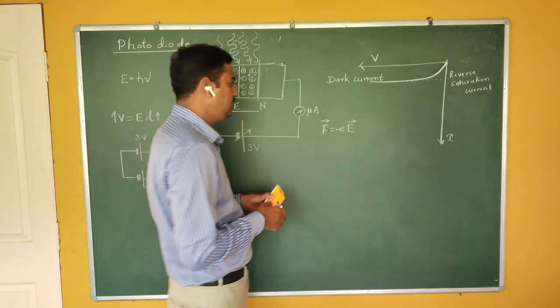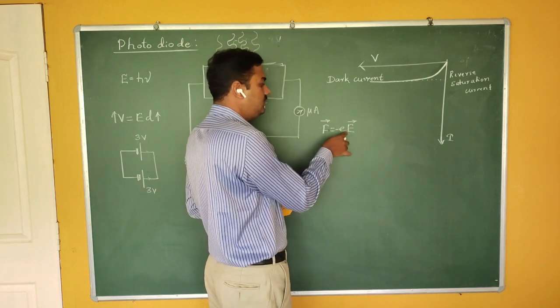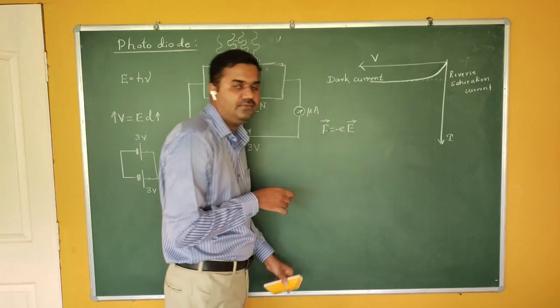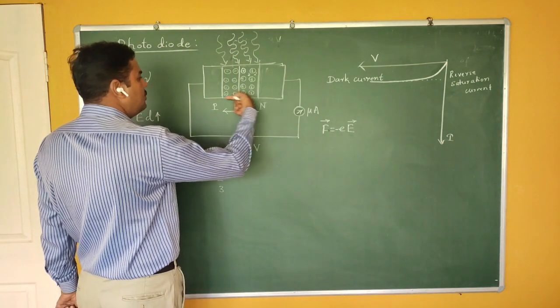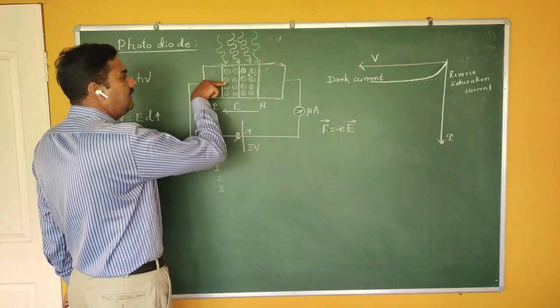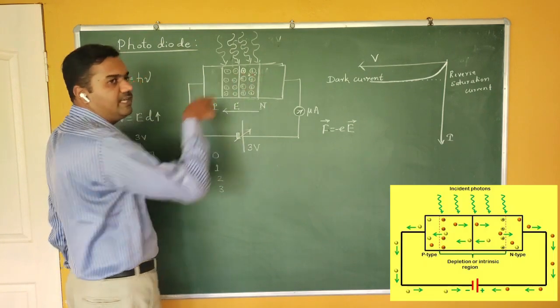The minus sign indicates that the direction of force on the electron and the direction of electric field are opposite. That means if this is the direction of electric field, then the electron experiences a force along the opposite direction.